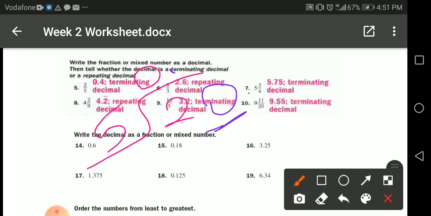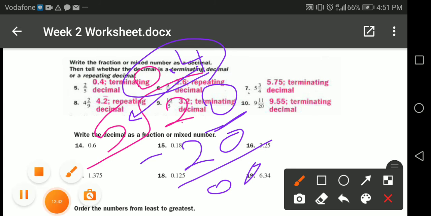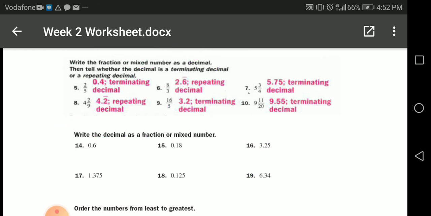So 20 divided by 5 gives me 4. 4 times 5 gives me 20, minus, 0. So the answer here is 0.4, right? So guys, the answer is 0.4 and we have an ending, so it's called a terminating decimal.